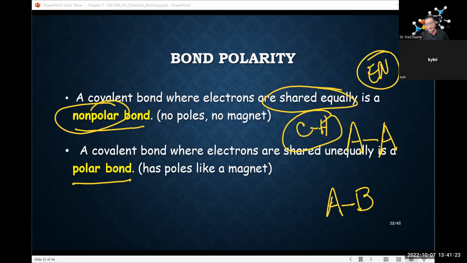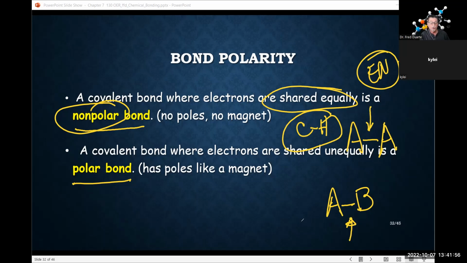Now, in the case of nonpolar bonds, the electrons are shared equally, but here there is an unequal sharing, okay? One of these elements is pulling the electrons onto itself much more than the other. Which direction it's going depends on the electronegativity.